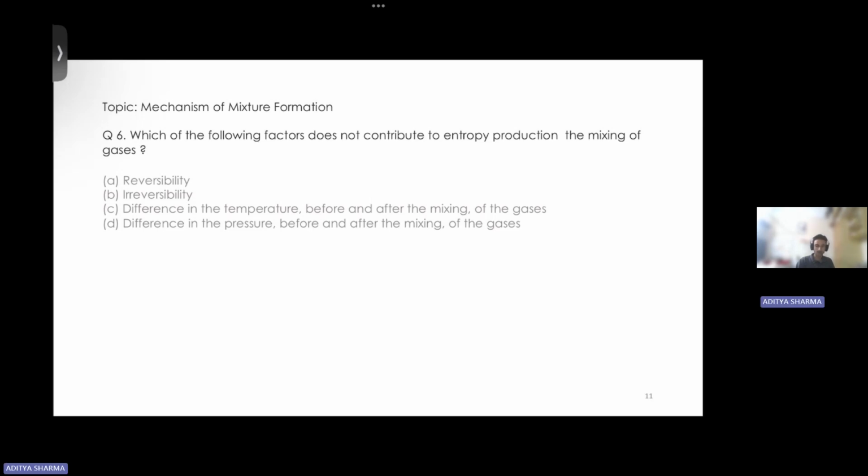This is question number 6, and the question is on mechanism of mixture formation. You can try to answer this.